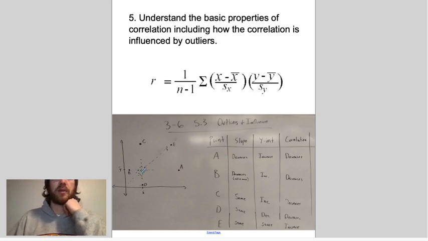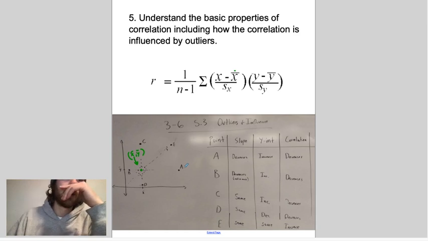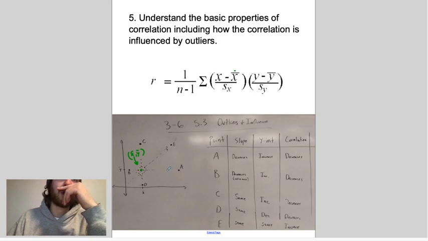R is all based upon the location of X bar and the location of Y bar, and that is this point right here, X bar, Y bar. So when we add point A, it's not going to help us form a relationship between the data.